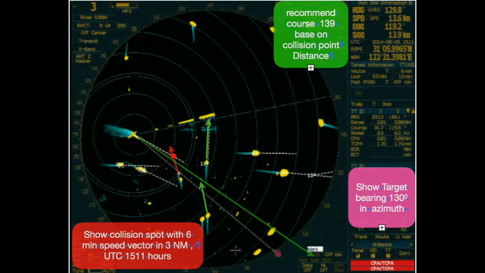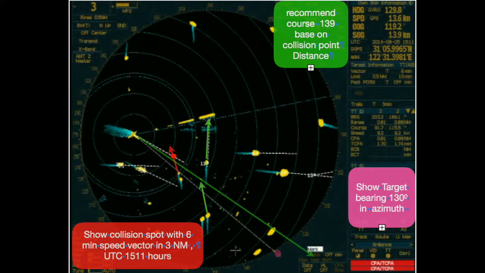Because own ship is at close range with the target, 1.5 nautical miles, and there are two other vessels on our starboard side, the maneuvering room is very narrow. At this time, own ship has a very limited choice of courses we can steer.